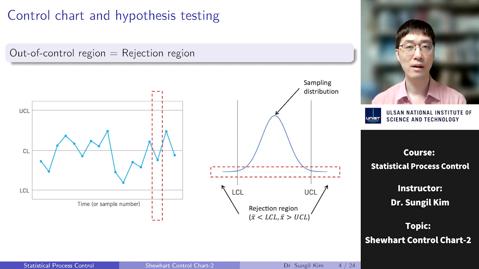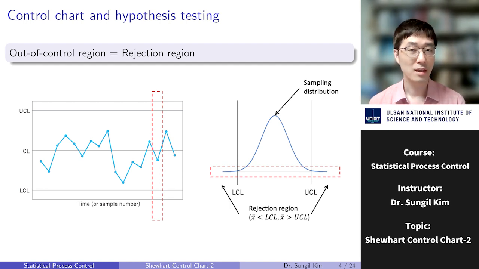This concept is very similar to the rejection region in hypothesis testing. In hypothesis testing, the rejection region is the interval measured in the sample distribution of the statistic under study that leads to rejection of the null hypothesis.